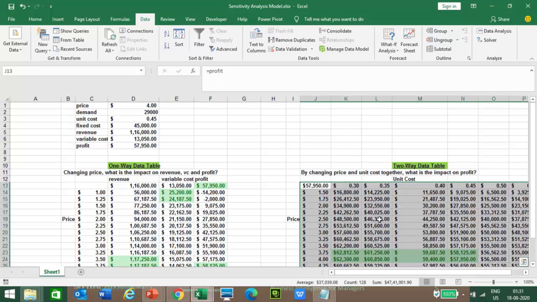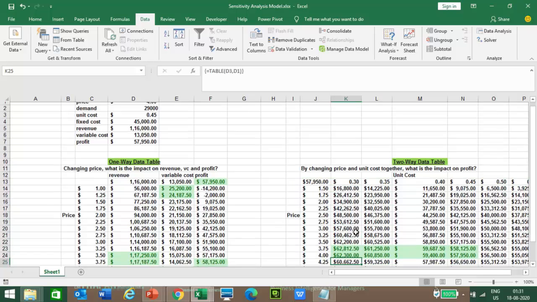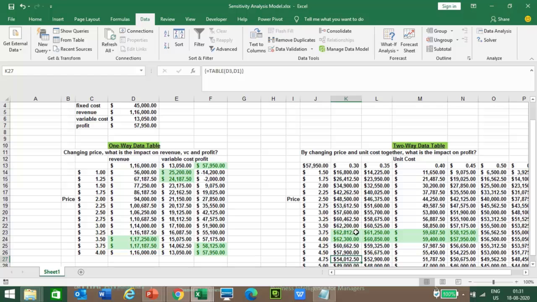to get a matrix of values with clear-cut indicators that at a price of $3.75 and at a price of $4, these are the two prices wherein you're getting the maximum profit independent of the cost, whether the cost is $0.3 or whether the cost is $0.4 or $0.45.